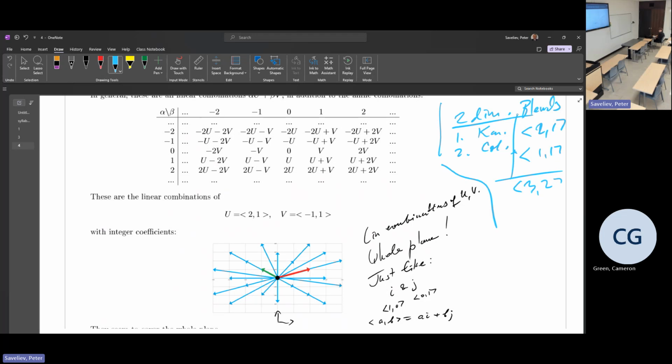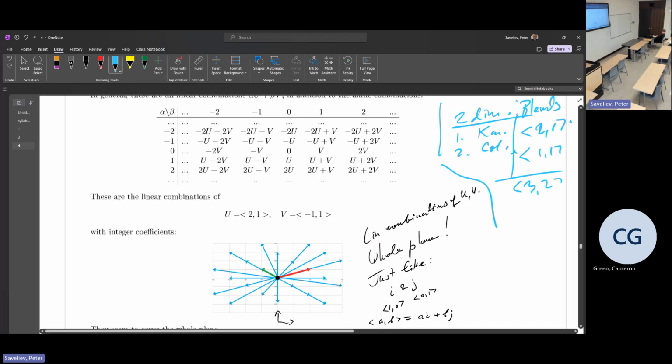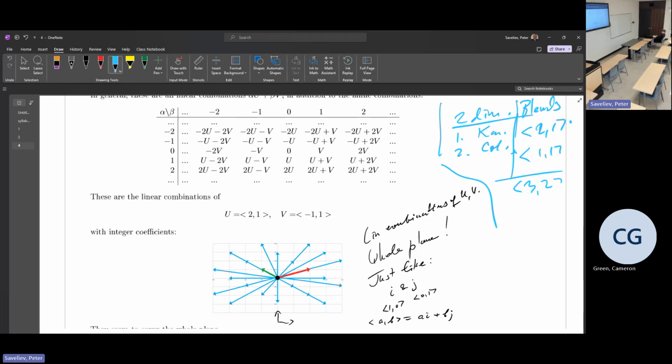For example, if I have these two blends, 2, 1 and 1, 1, delivered to me, then I could produce 3, 2. I could put more weight if I want more Kenyan coffee, and once again, I do not have access to Kenyan coffee nor Colombian coffee separately. I will only have access to these blends. So these blends are now to be combined to produce more of one or the other as much as possible.